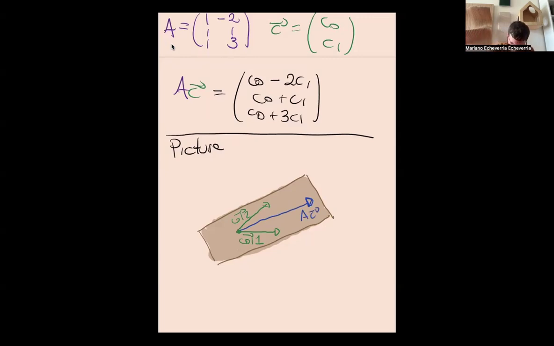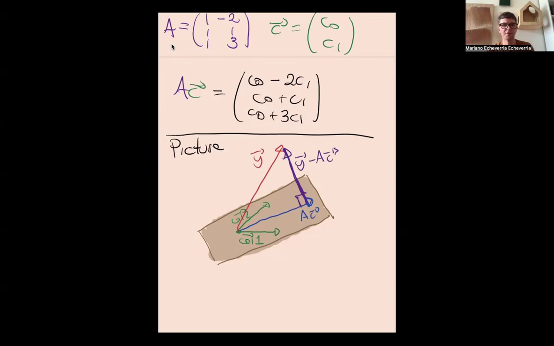And the idea is that if the vector y is somewhere in here, what you want is, this is the vector y minus A times c. That's what the purple vector represents.